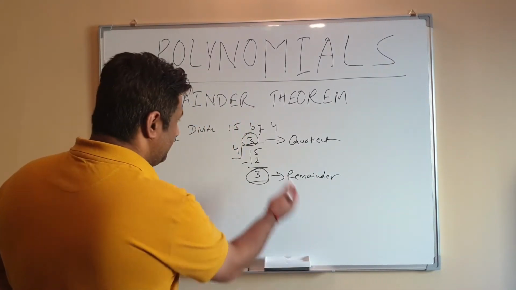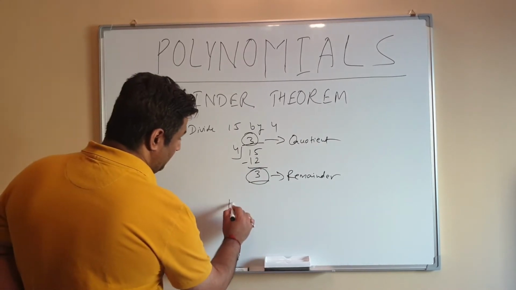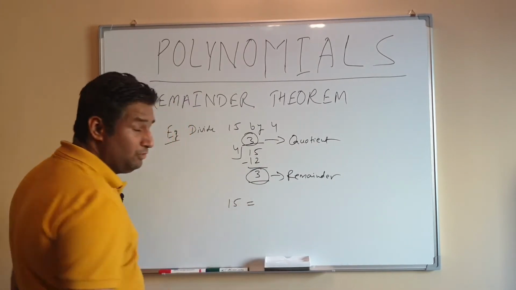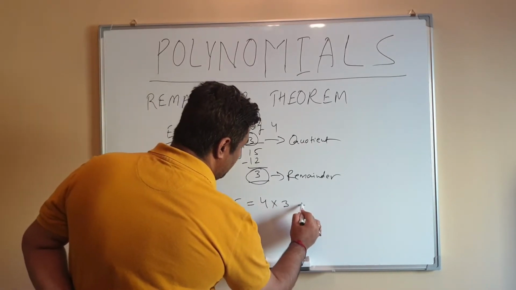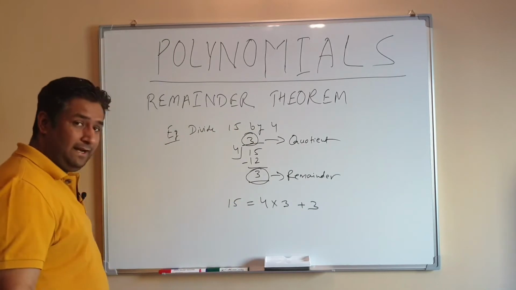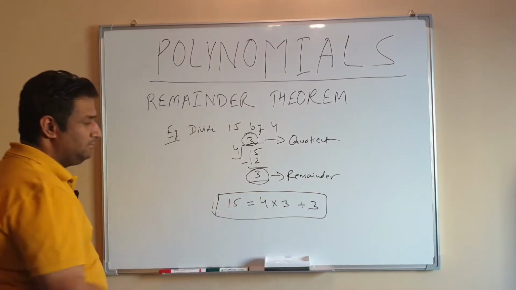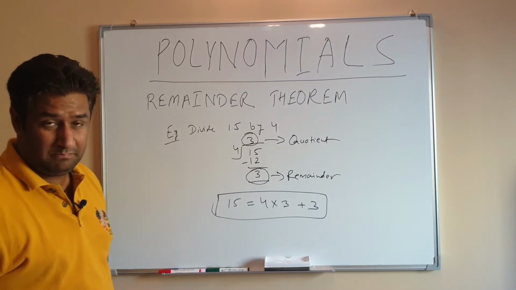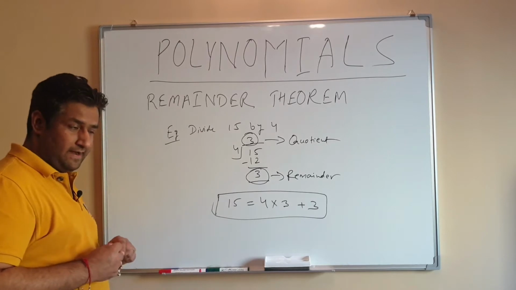So if you want to rewrite this expression, you can write 15 equals 4 times 3 plus 3, correct? So this is basically your remainder theorem mathematically. Okay, now how do we define it?